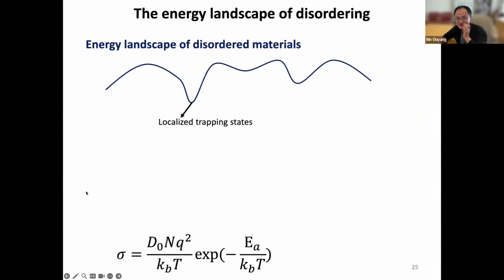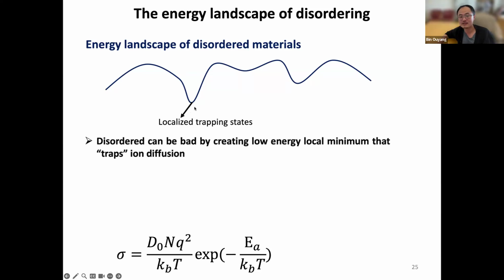That's why I need these slides to explain that in classical diffusion, it's still a bad thing if you look at the diffusion equations, the Arrhenius equation, in this way. Whenever you have a local minimum in the energy landscape, you actually create a localized trapping state. It's not a trapping state like in electron transport, but the ions just do not want to move out because they intrinsically have a large barrier to jump out.